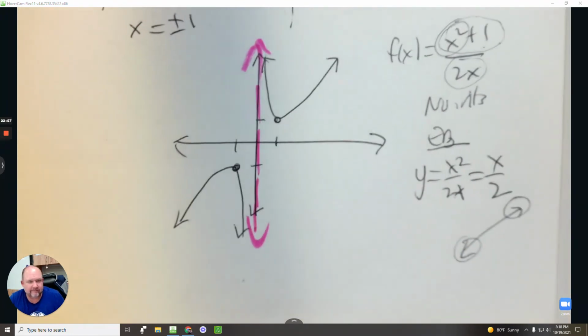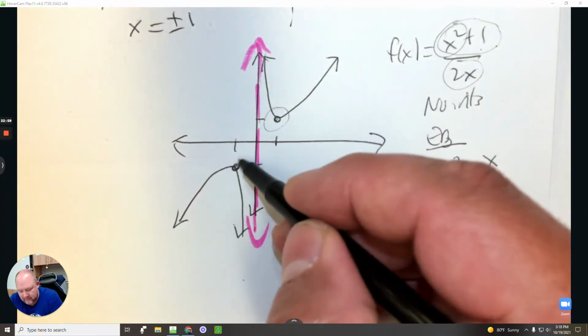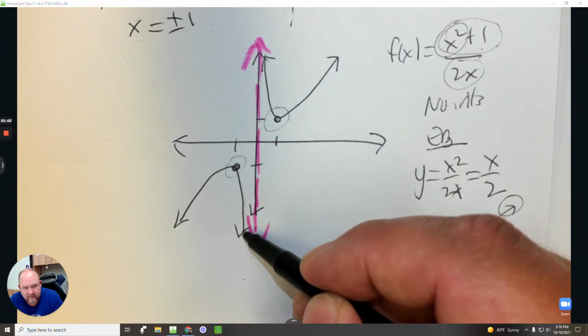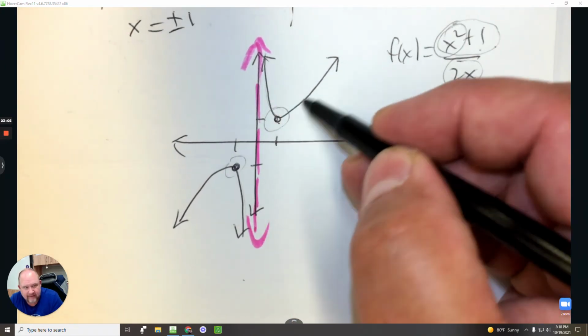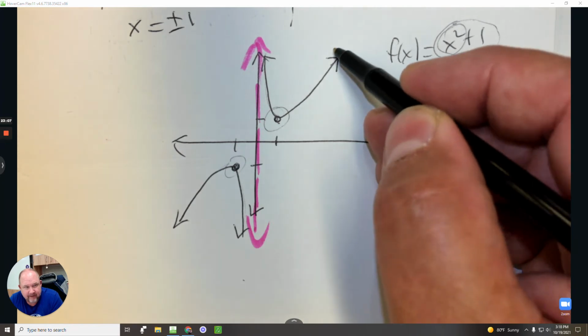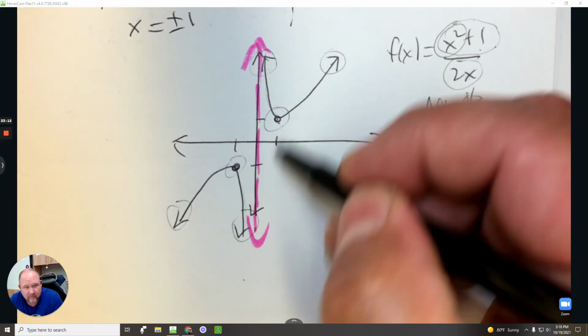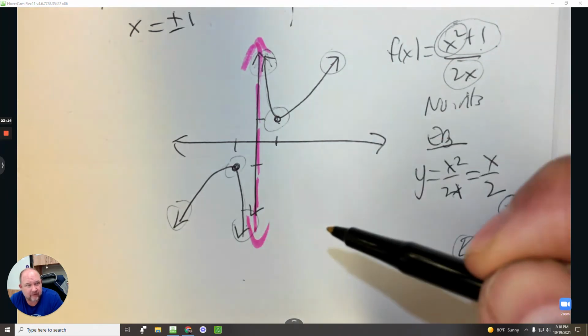And there's your graph. And we have a minimum here and a maximum there. So it increases and then decreases, it decreases and then increases, and the end behavior is right. And the behavior at the asymptote is correct, where one end goes up forever and the other end goes down forever.